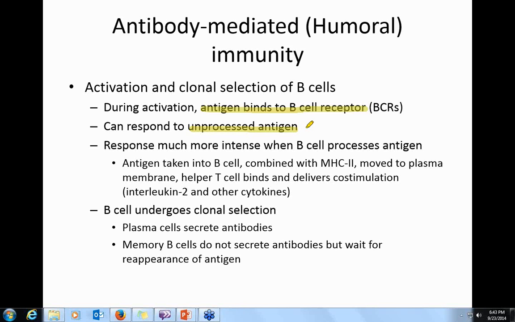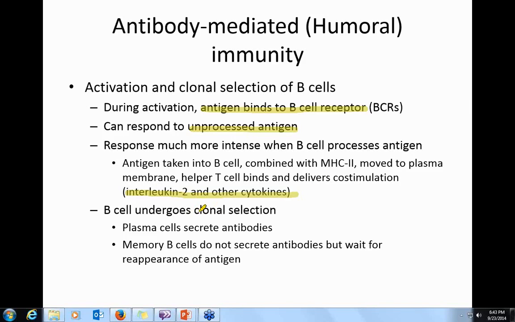Although B cells can also bind to a processed antigen, or an antigen fragment combined with an MHC2 fragment. Also, interleukin-2 or other cytokines can also co-stimulate the B cell. And when you get interleukin-2, you get a much more intense response to the antigen.